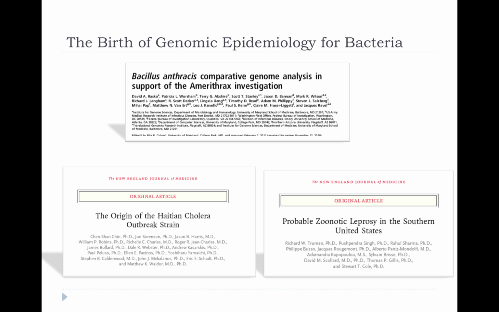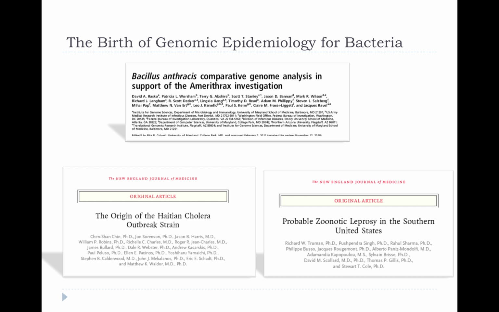By sequencing the genomes derived from the material recovered from the postal system and a strain stock from a laboratory, they were able to show that those anthrax spores came from a particular American lab, and it was an American homegrown terrorist, if you like, that was doing the damage.